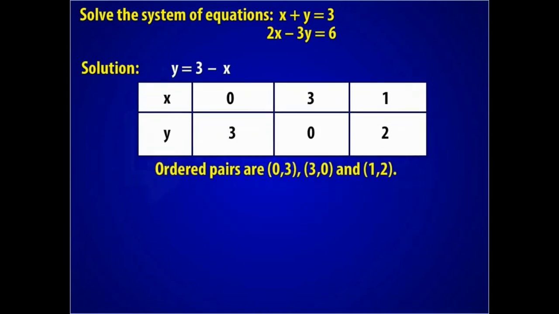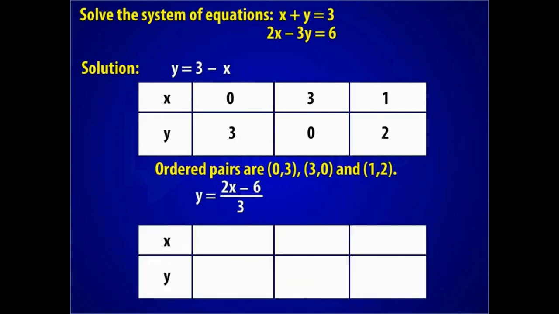Next, let us consider the equation 2x minus 3y equals 6. This implies y equals (2x minus 6) by 3. The truth table for the given equation is as follows.